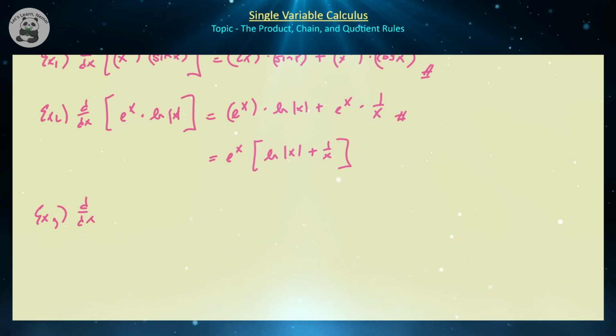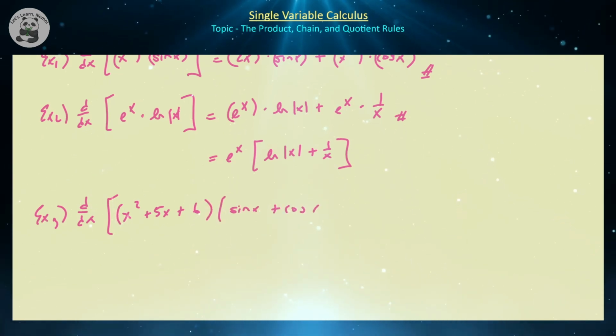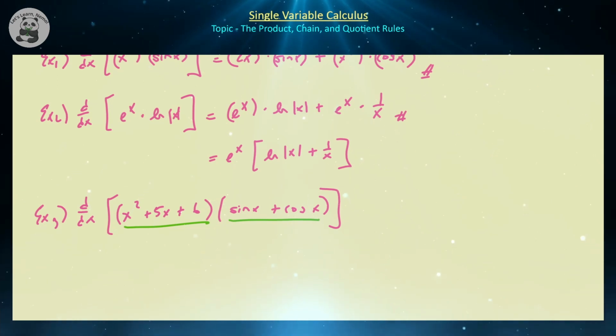Let's do just one other example. Let's do the derivative of the product of x squared plus 5x plus 6 times sine of x plus cosine of x. So obviously this looks a little bit more complicated than the others, but you can think of this as this function times that function. And as long as you know how to take the derivative of those individual functions, you should be able to take the derivative of their product.